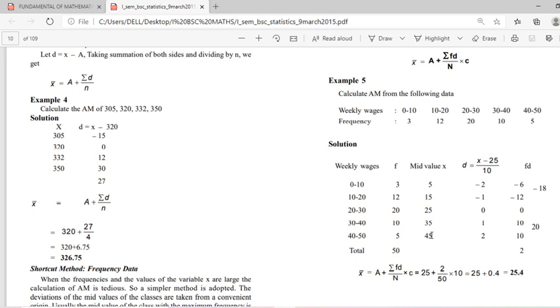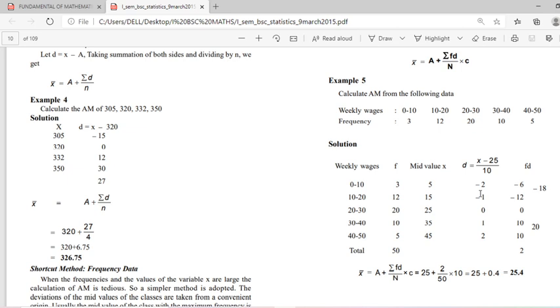So take the difference x minus 25 by 10, so the size of the data becomes very small and we can easily deal with it: minus 2, minus 1, 0, 1, 2. Compute FD values: minus 6, minus 12, 0, 10, 10.